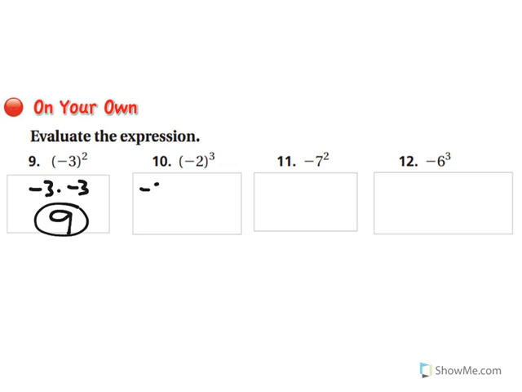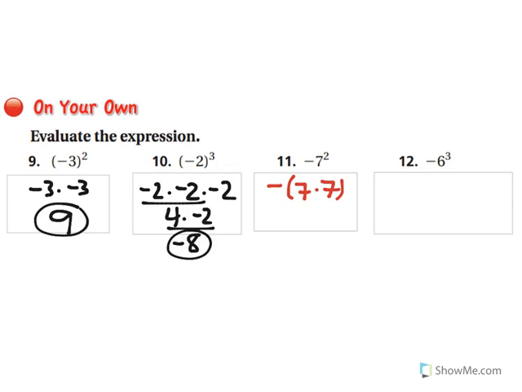So here we have negative 2 times negative 2 times negative 2. So negative 2 times negative 2 is 4 times negative 2. And we get negative 8. And then for here, we have negative 7 times 7. So we have 49. And it's going to be negative 49.